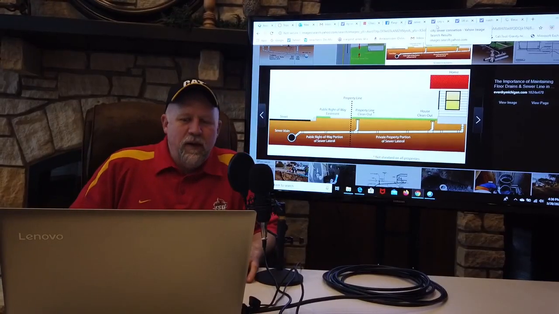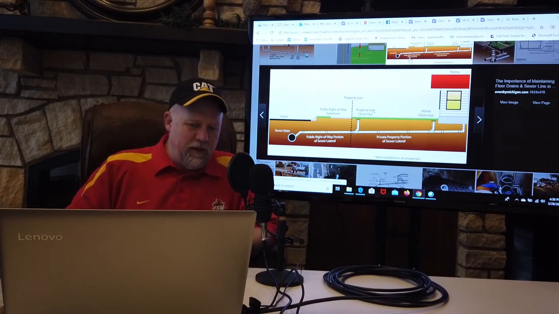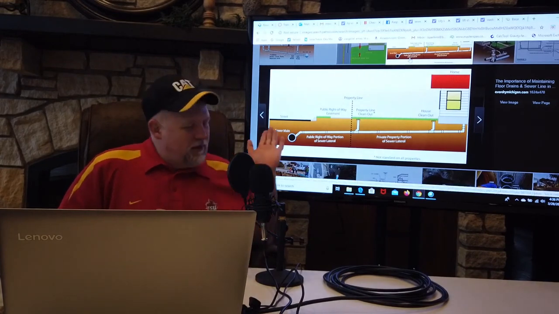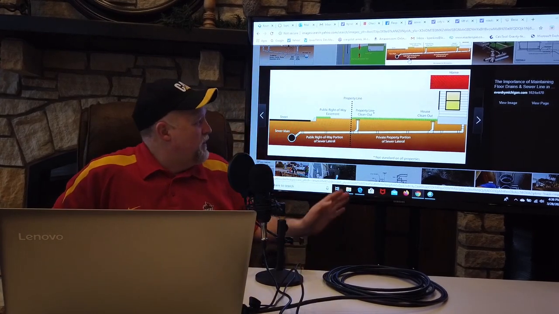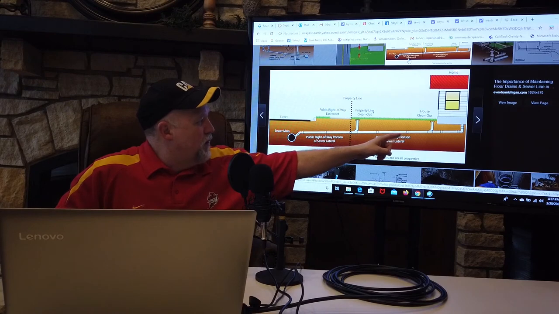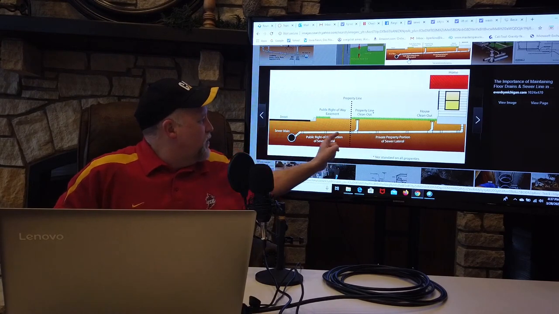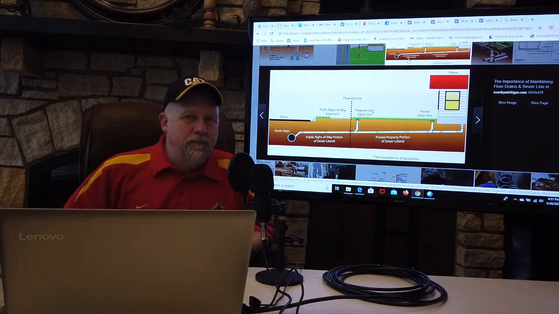All right, so what I've done here is I've pulled up a picture of a residence, but it would apply for commercial buildings as well. It just illustrates here at the edge of the building, the sewer leaves the building, goes over to the property line, and then eventually connects to the sewer main.